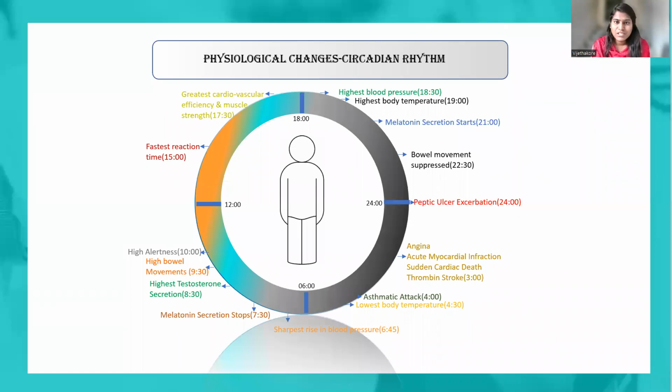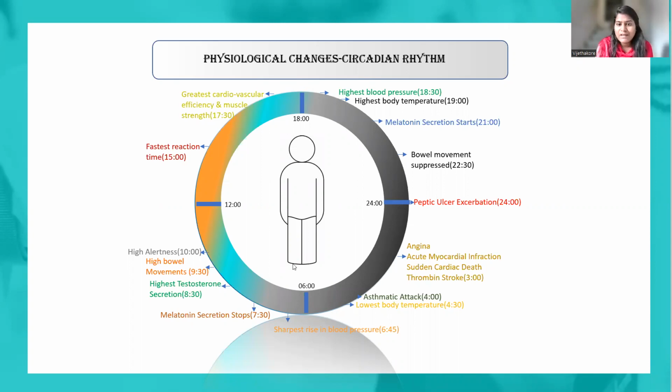These are the physiological changes which take place in a 24-hour cycle, that is the circadian rhythm. So we'll see from the 24th hour, at night 12. At night 12, peptic ulcer exacerbation is seen, as acid secretion will be higher at night 12.